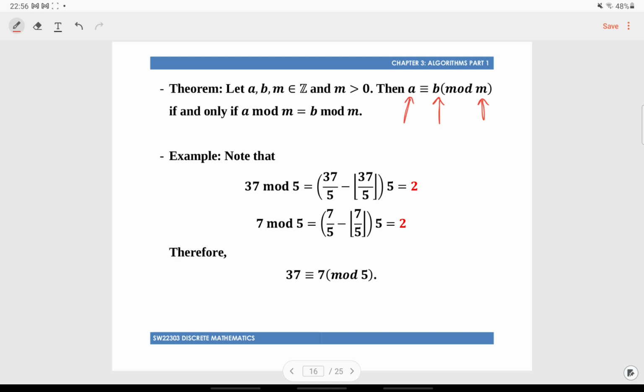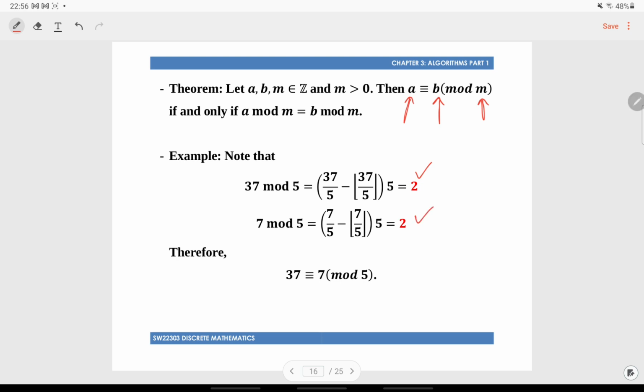Note that for 37 mod 5, when we divide 37 by 5, the remainder is equal to 2. That is the value of the modulo reduction operation. The outcome is 2. When we divide 7 by 5, the remainder is also equal to 2.